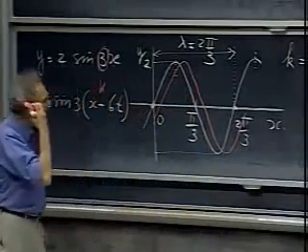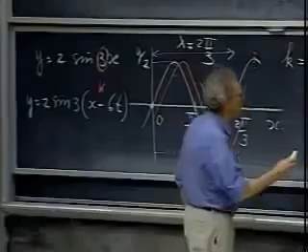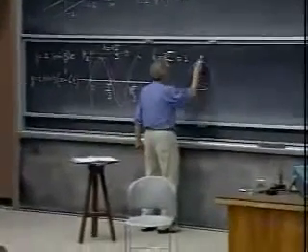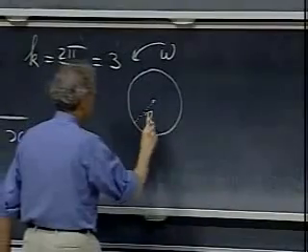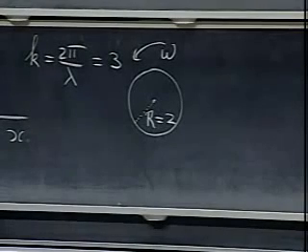Can we make such a traveling wave? Yeah, we can do that actually quite easily. Suppose I have here a rotating wheel, which rotates with angular frequency omega, and let it have a radius r, and I give it 2 units so that I get the same amplitude that I had here.